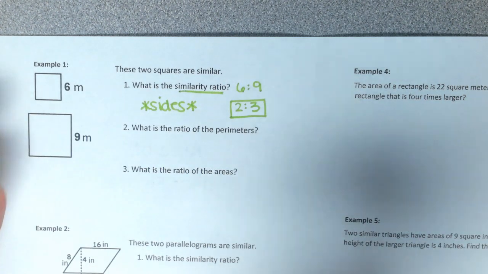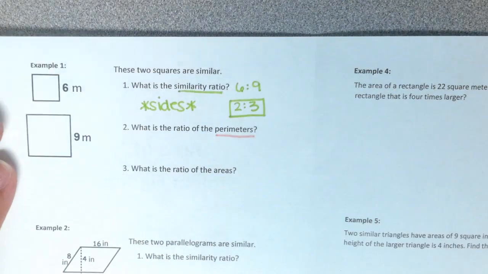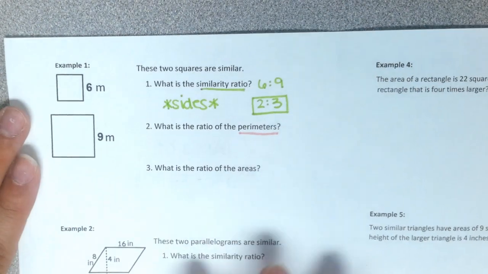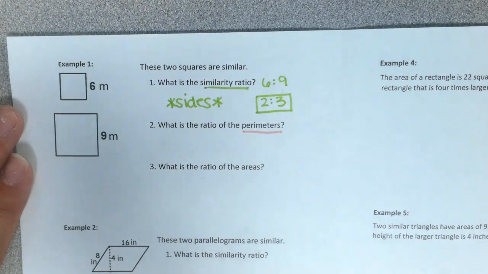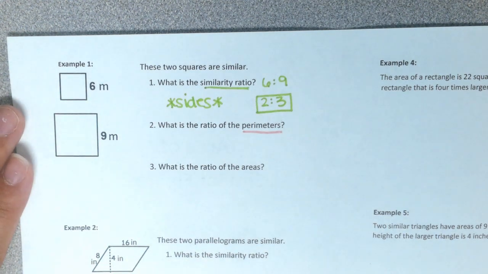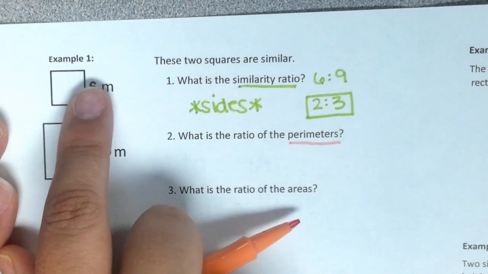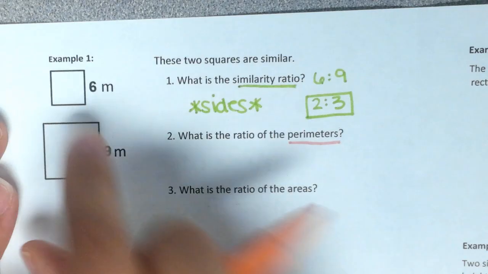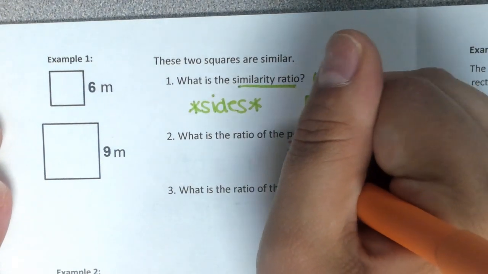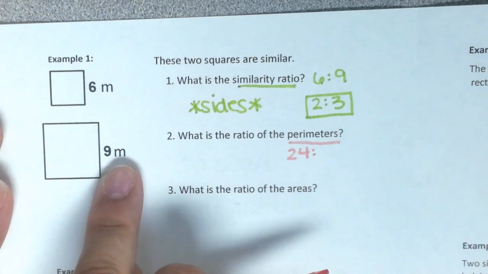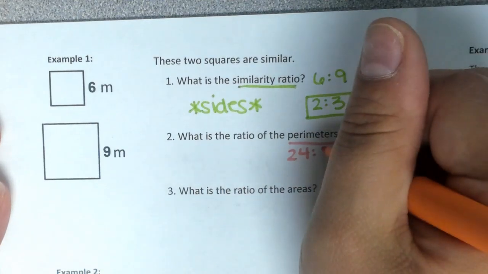Okay. Next question wants to know about their perimeters. What is the ratio of, underline that, their perimeters? Well, how do you find the perimeter of a square? Add up all the sides, perimeter, not area, perimeter. Add up all the sides, or you can just multiply. So what is the perimeter of this up here? 24. What is the perimeter of this one right here? 36.